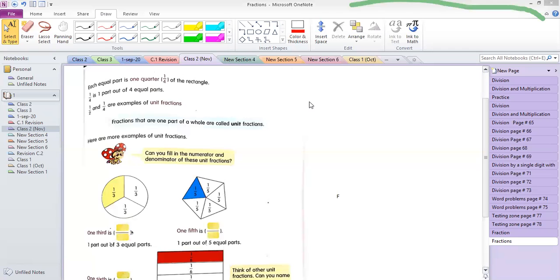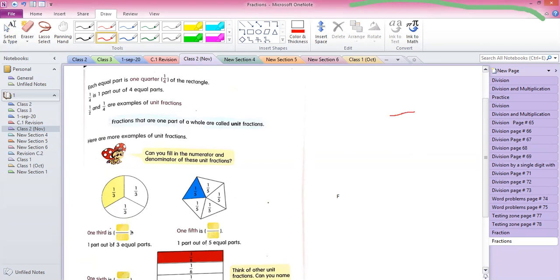So I tell you that the denominator tells you how many equal parts this picture is divided into. So if you want to write a denominator, you will write what? 3. Denominator you always write down. Let's suppose I draw a line here.